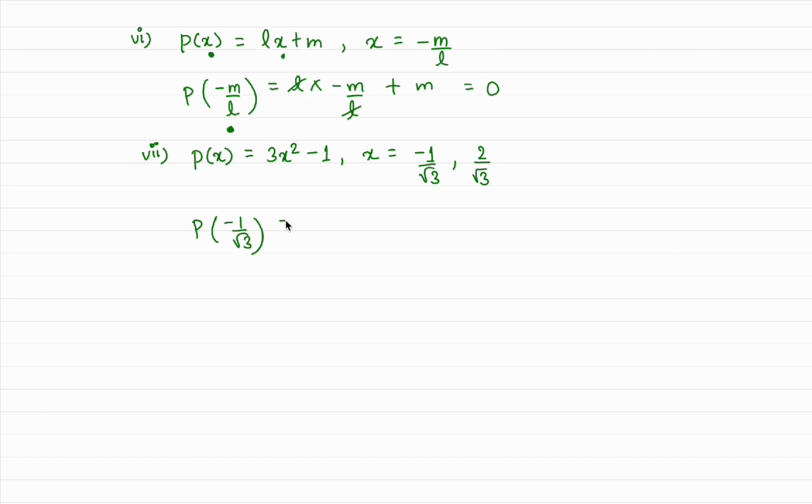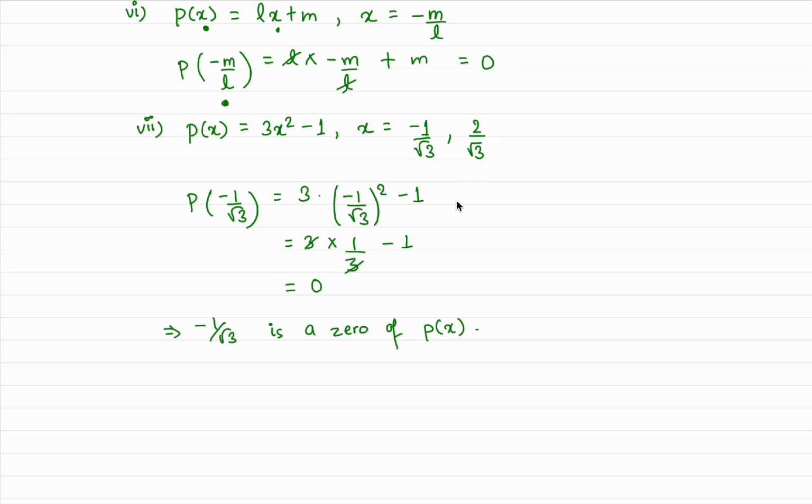We have 3 times minus 1 over root 3 whole squared, minus 1. This is going to be equal to 3 times, the square of negative is positive, so 1 squared is 1, root 3 squared is 3, the square root disappears, minus we have our 1 over here. Again, we can cut this 3 and that 3, and we get 1 minus 1 is 0. So minus 1 over root 3 is a 0 of the given polynomial p(x).